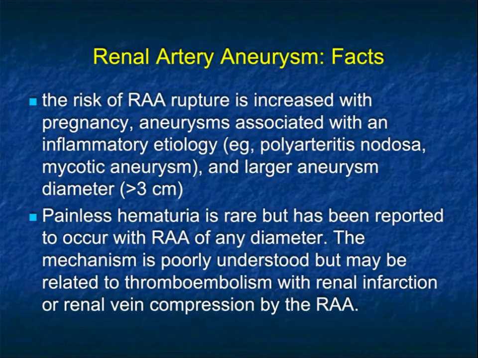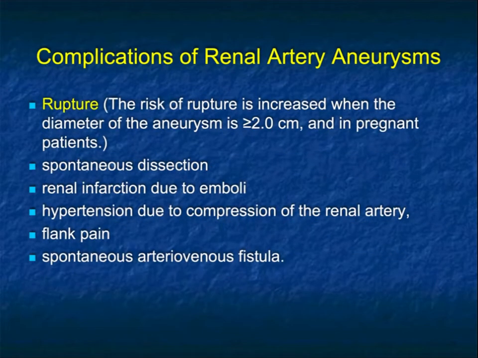Most people say 2 centimeters, some people say 3 centimeters. Painless hematuria is rare, but it has been reported. So when you're looking at a patient with hematuria and you're evaluating for renal mass, always be careful to look at the renal arteries and make sure you're not missing FMD or renal artery aneurysm as a cause of the patient's symptoms.